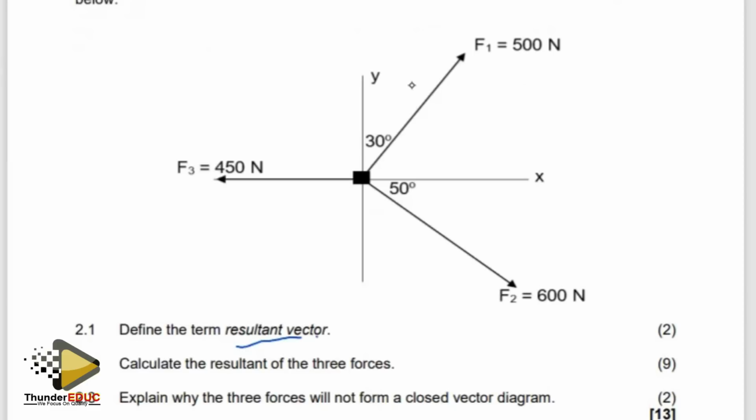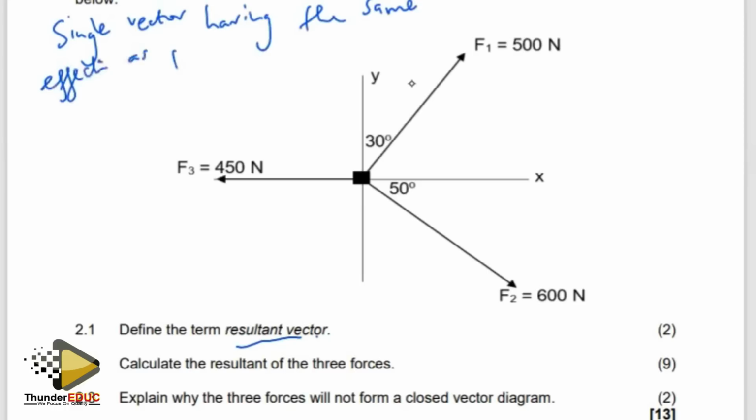A resultant vector, a resultant force, is a single vector that has the same effect as 2 or more vectors combined.